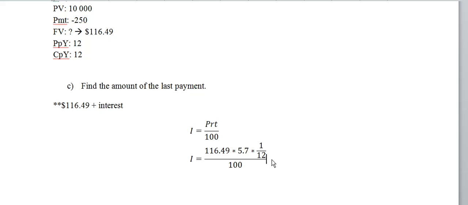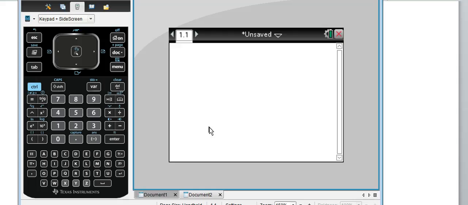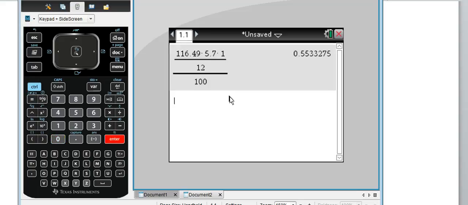And then it's a matter of actually doing the calculation: 116.49 times 5.7 times 1 over 12 over 100. So we end up owing that extra 55 cents.